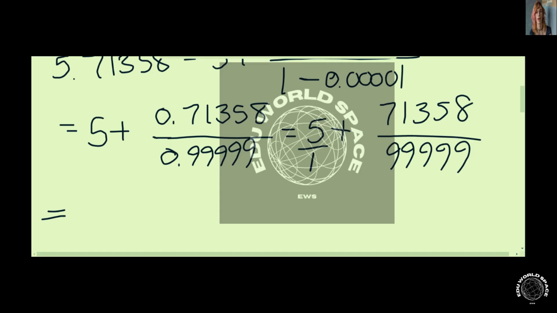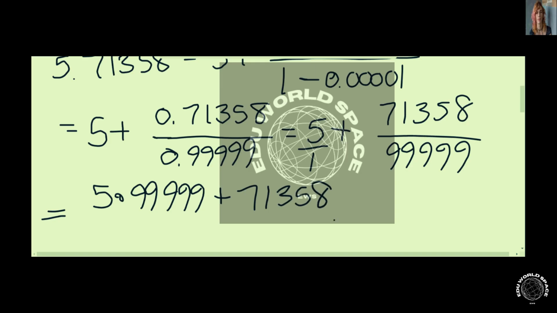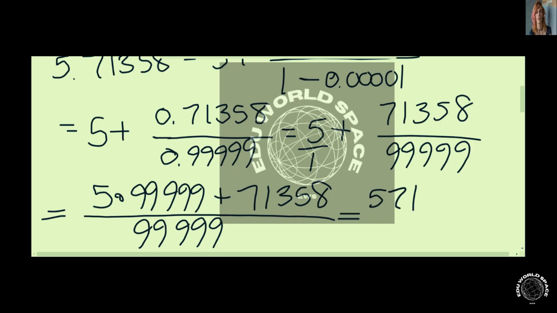This becomes 5 times 99,999 plus 71,358 over 99,999. And if you simplify the numerator, this is 571,353 over 99,999.